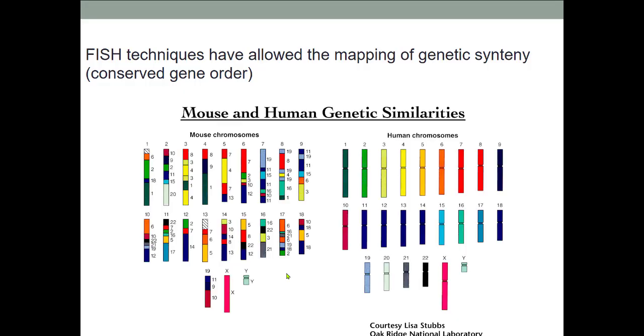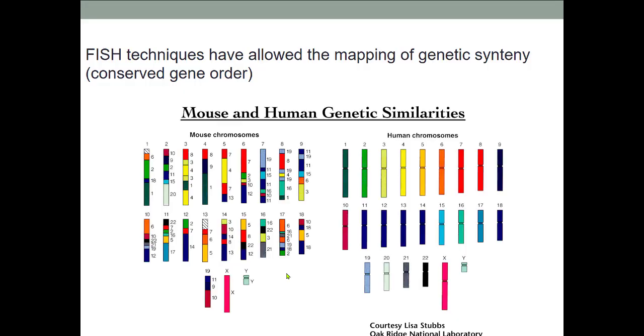And what they've done in this figure to make it visual is they've color-coded the mouse chromosomes to reflect the locations of similar pieces of human DNA. So as you probably know by this point, humans and mice share a considerable amount of our DNA sequences. What this is showing is synteny.